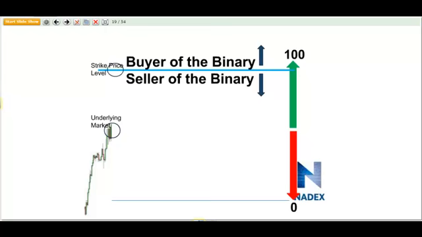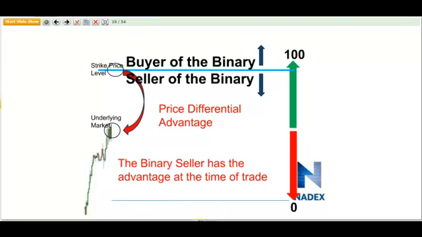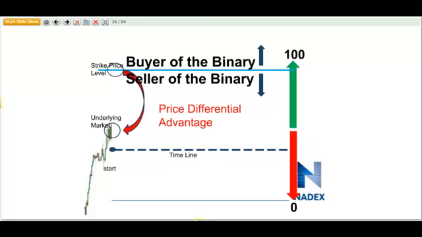So there's the strike price, and there's the underlying market right now. That differential gives an advantage. Who's got the advantage? Well, it's obviously the seller, because right now the underlying is below this strike price, and you want it to finish below the strike price. Here's the timeline.